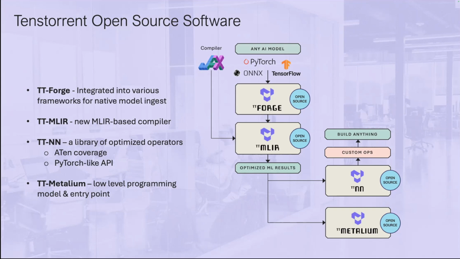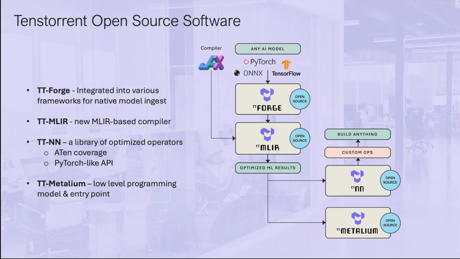And for them, we have our new TT-MLIR based compiler. On top of that, we have TT-Forge, which is part of different frameworks where you can have a pre-trained model in TensorFlow or PyTorch that would get compiled down to MLIR.